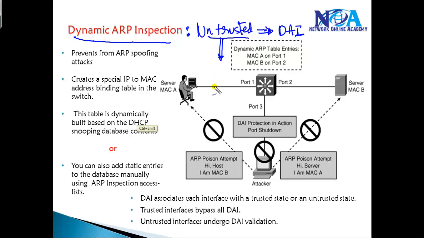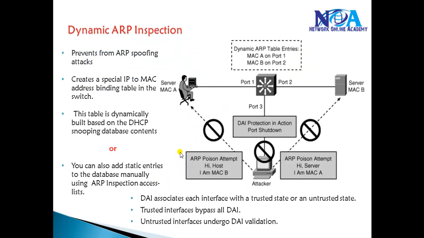Now if you want to bypass this inspection on some specific ports, let's say in my scenario I have a switch, a computer, and a server, maybe I don't want this particular port to go through dynamic ARP inspection. We can configure that particular port as a trusted port. Whichever port is configured as a trusted port will not go through dynamic ARP inspection verification.